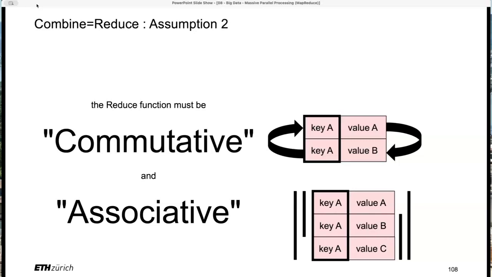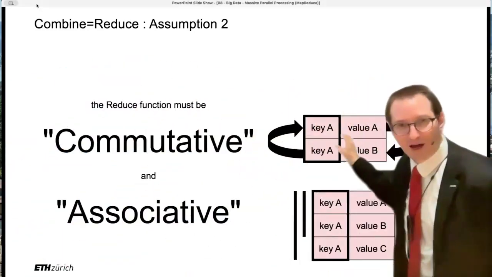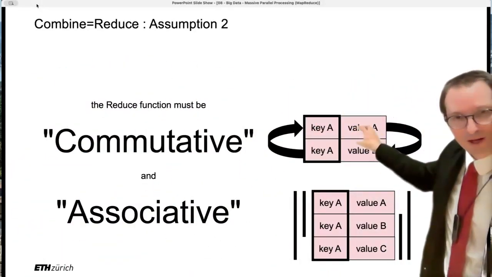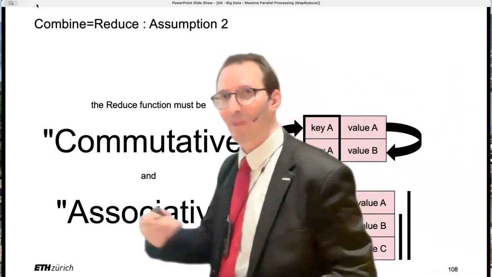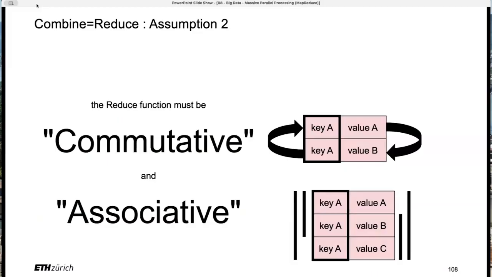Now I wrote commutative and associative in quotes because technically a mathematician is going to scream if I say, you know, the reduce function is commutative and associative. No, it's not the function itself that's commutative and associative. It is what you use to aggregate the values together. The binary operator that you use to aggregate the values together, that should be commutative and associative, like max, min, or sum.